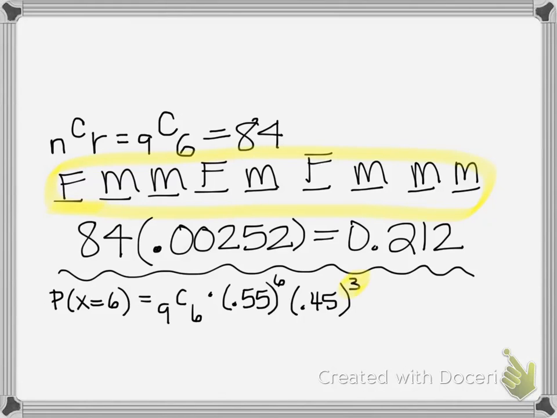Notice this exponent and this exponent should always add up to the total number of wolves. If I have 6 male wolves, the leftover should be 3 female wolves. So those exponents should always add up to the total. But now remember, we still have to do this for 7 wolves, 8 wolves, and 9 wolves. Okay, so let's go on to the next slide, and let's reiterate what we said at the beginning.